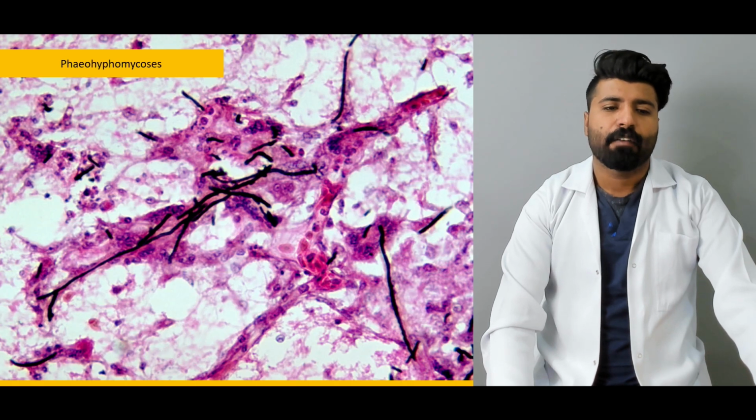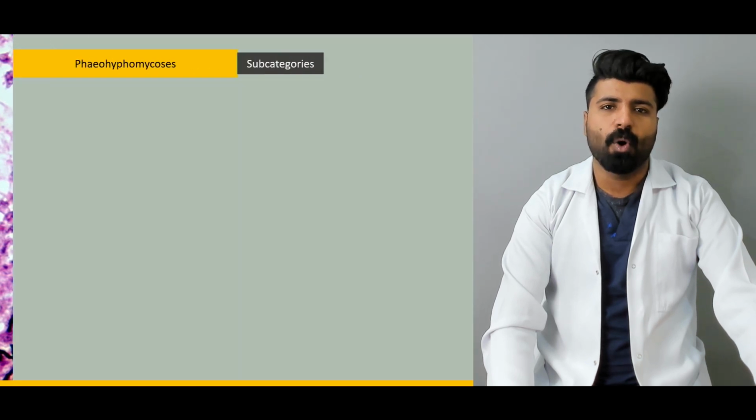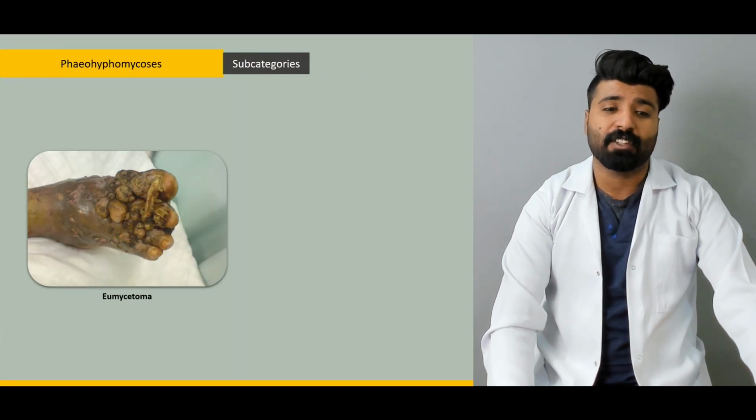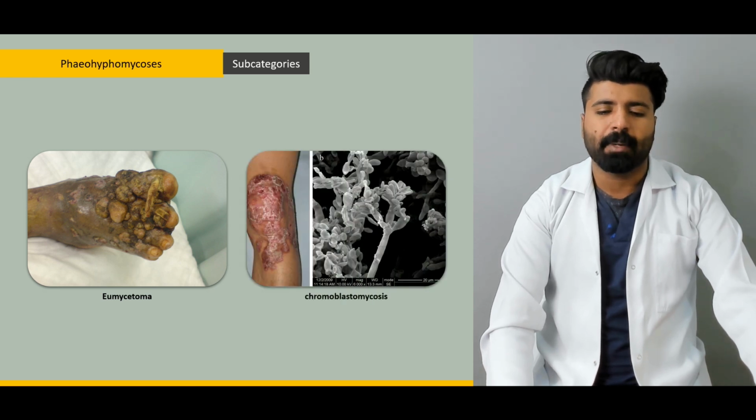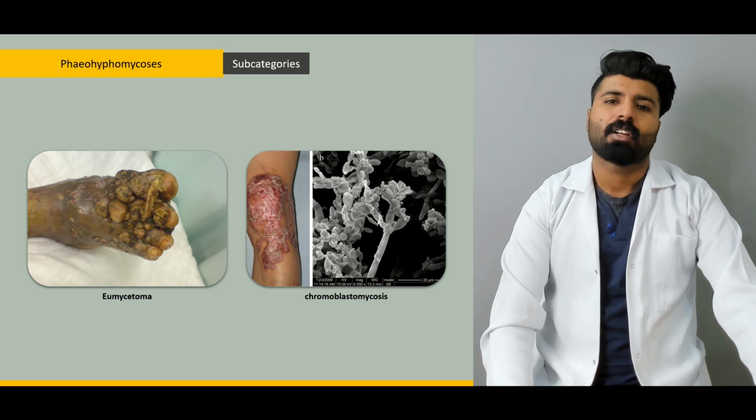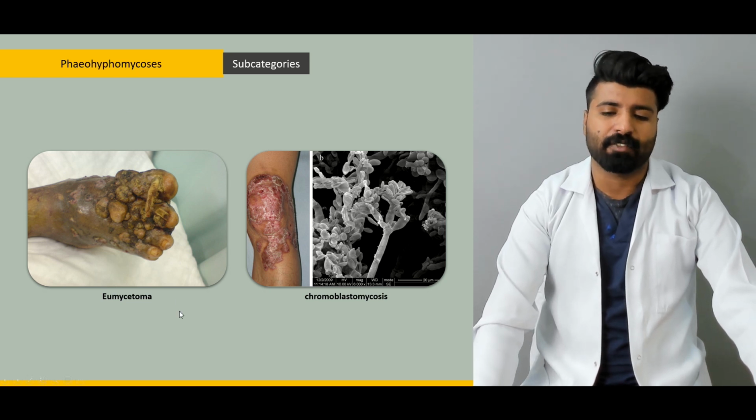Next on we have phaeohyphomycoses. Now, phaeohyphomycosis has further subcategories. It can be eumycetoma or it can be chromoblastomycosis, right? These are the two subcategories of it. Eumycetoma will affect your skin.